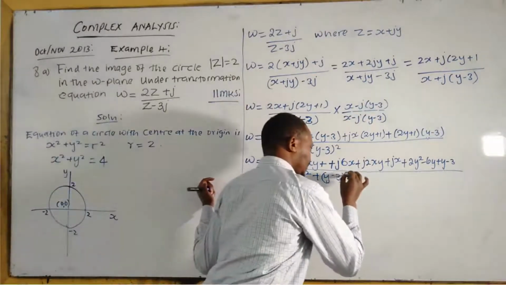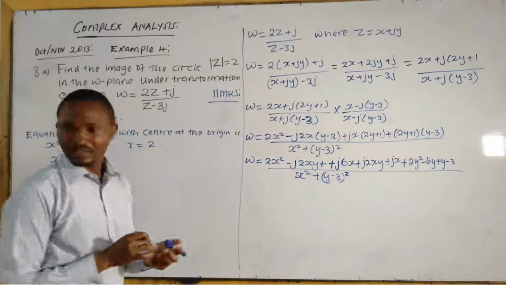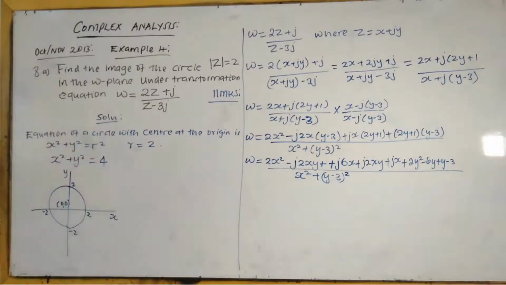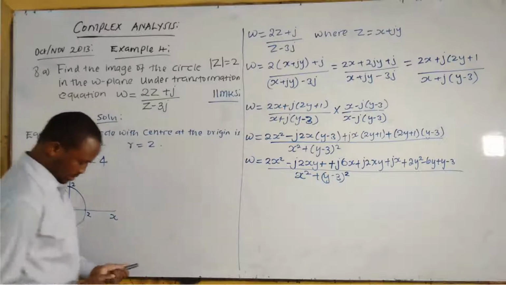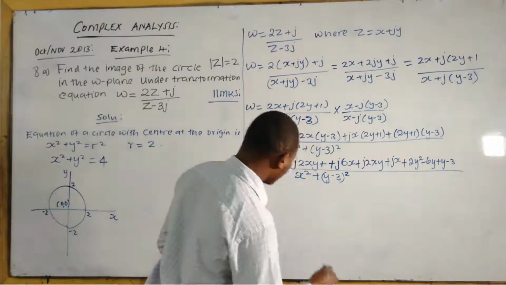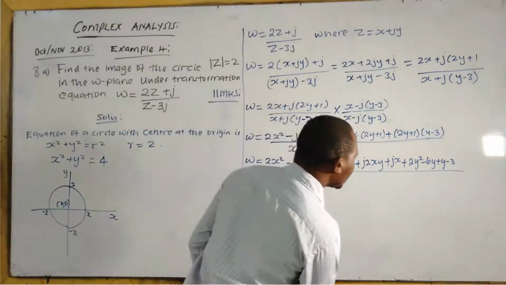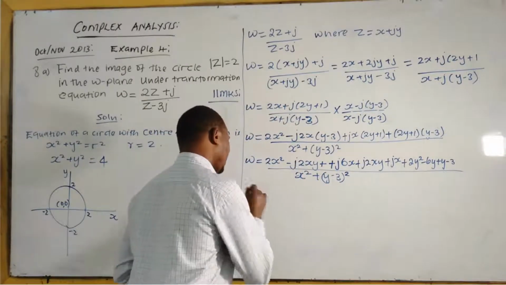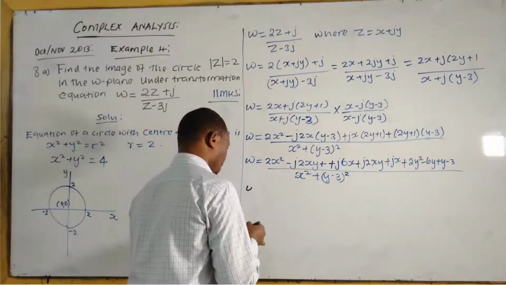Square this. Let us now have, let me take a different color. Let us now combine the similar parts.